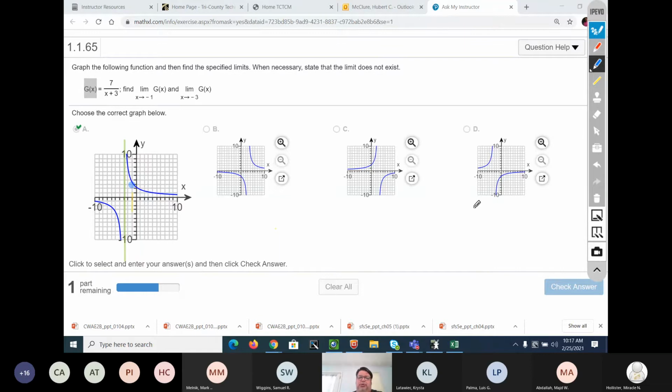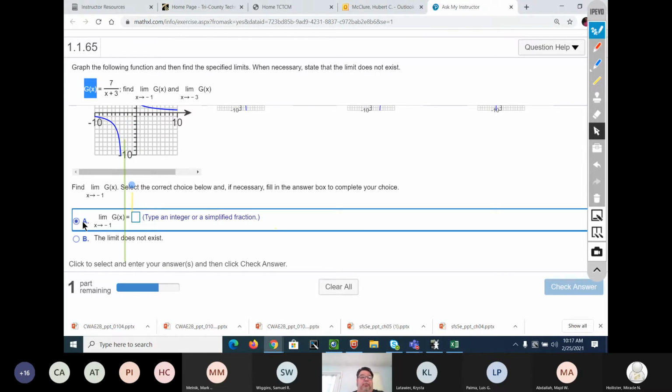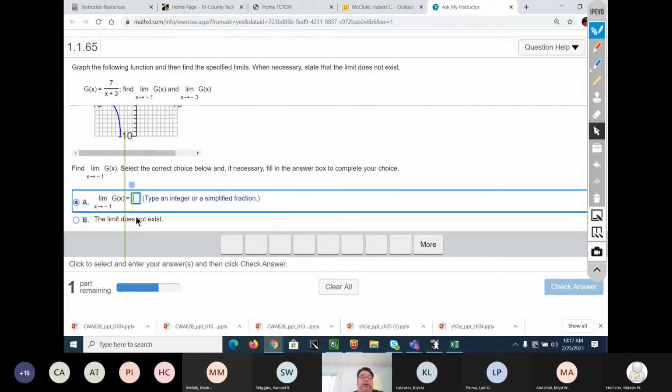So let's see what they ask. Let me hit my handy dandy cursor and let's go down. Okay, for negative 1, I'm going to put 3. And it may be wrong because they may want something more detailed.